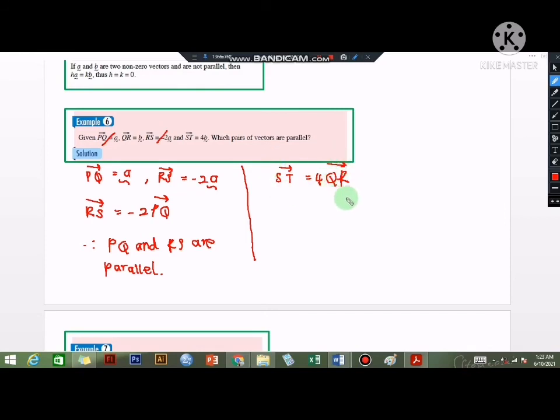So we know that ST and QR are parallel. That's it. This is how you do it.